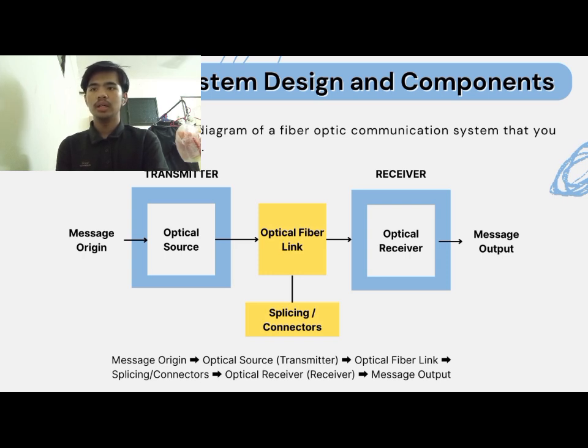So we got message origin, transmitter block, optical source, optical fiber link, optical receiver, receiver block and splicing / connectors, and also message output. So the flow of the diagram started with message origin, and then it goes to optical source, and then it goes to optical fiber link, and then to splicing connectors, and then to optical receiver, and then lastly to message output.